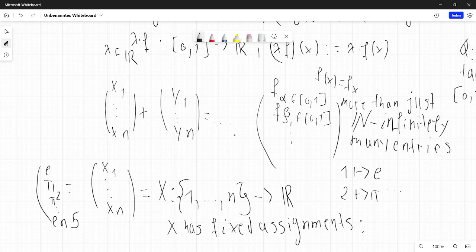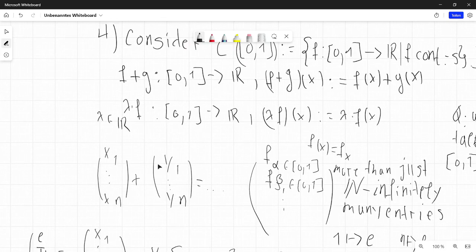Oh, pi squared I have specified, but it doesn't matter. n is mapped to ln 5, and you can think where the other numbers are mapped to. We just haven't called that except for pi squared, but you understand what I mean, right?